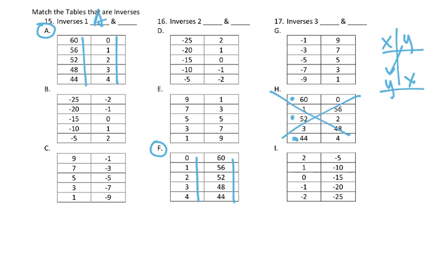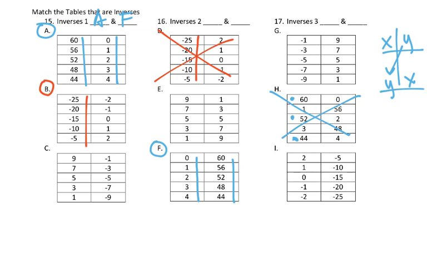So A and F are inverses. Now you may have done them in a different order, and that's all right too. Okay, so if I look at B, negative 25, 20, 15, and D, same x, tells me right off the bat they're not inverses because they have the same x column.